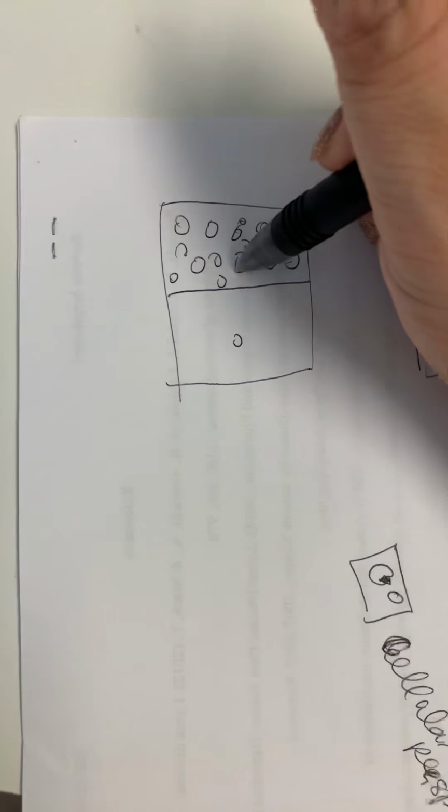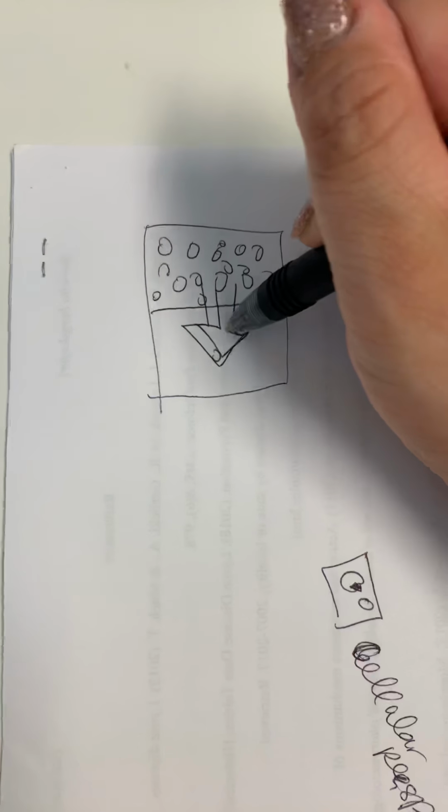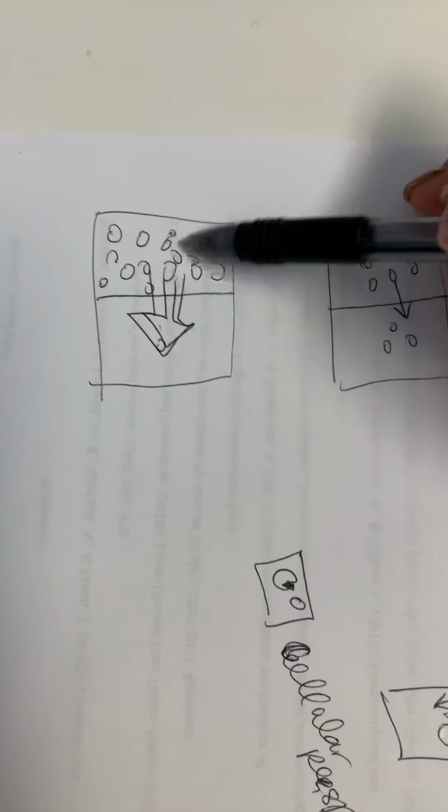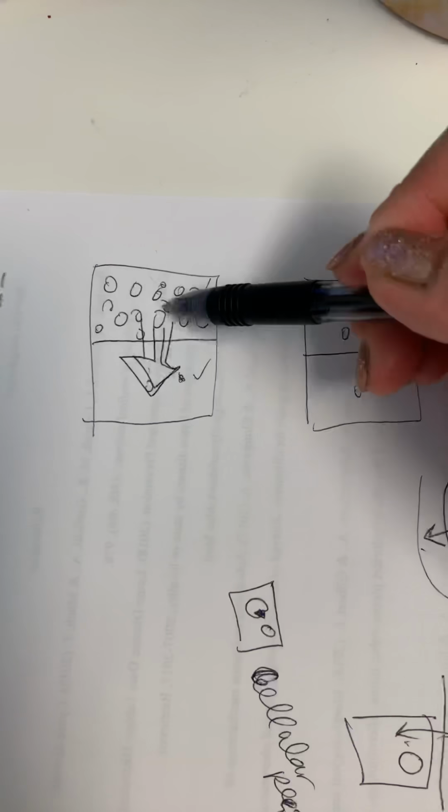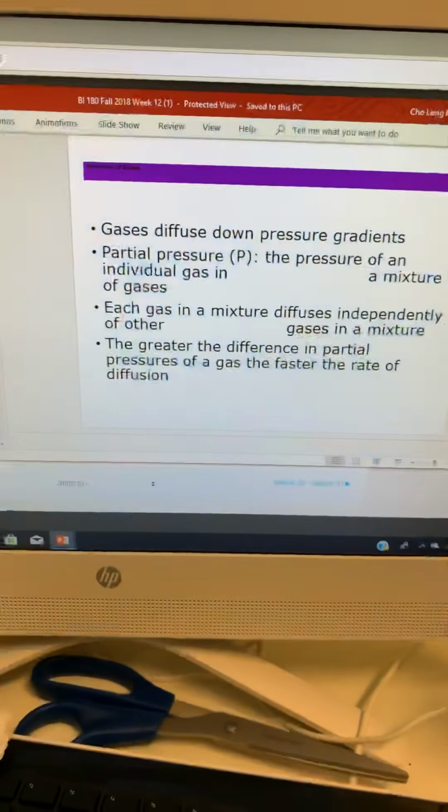So the movement of the little circles here is going to be much larger than, let's say, here. Because the difference, which creates the gradient, between the concentration on this side and that side is a lot bigger than this one.